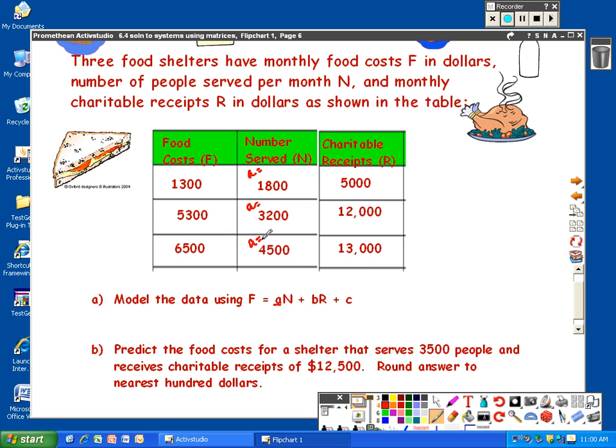The coefficients of B are right here per equation. Coefficients of C, it's 1C. So I have 1, 1, 1.